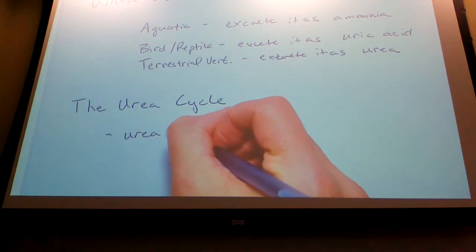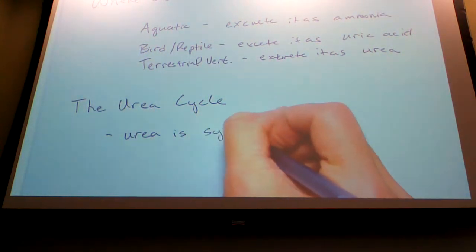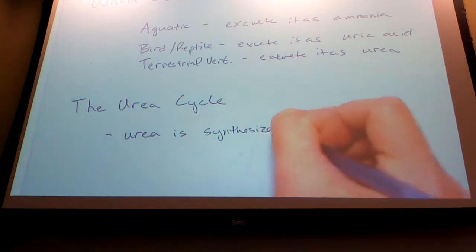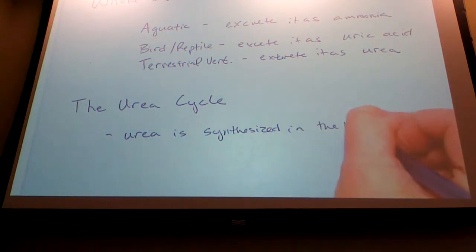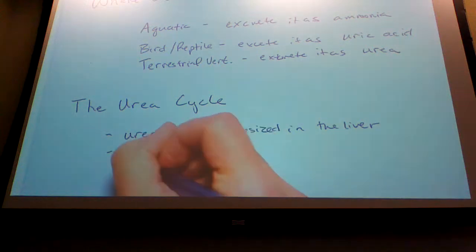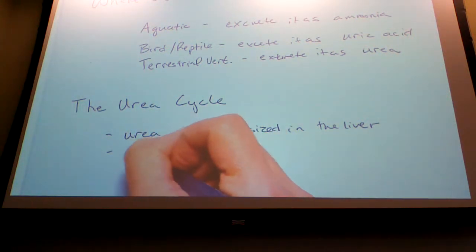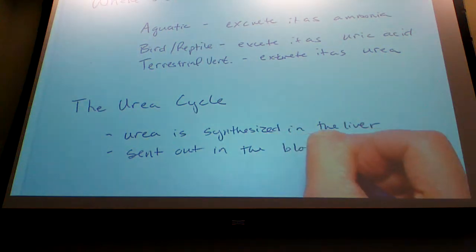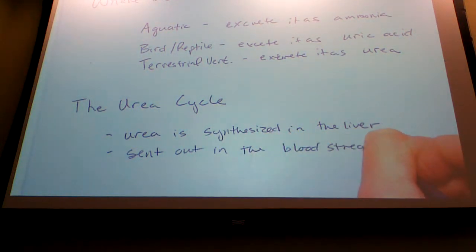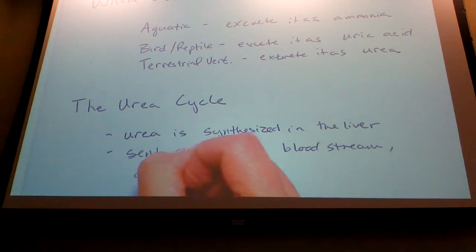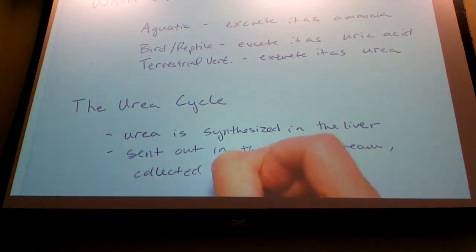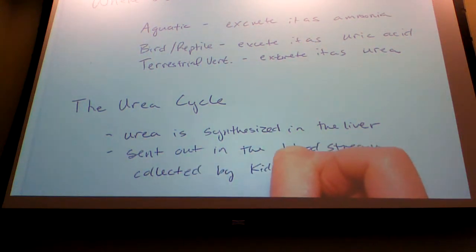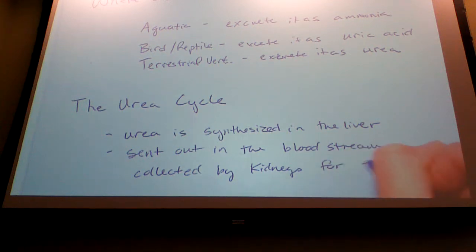So urea is synthesized in the liver. And then urea is sent out in the bloodstream, where it is collected basically by your kidneys, for excretion in the urine.